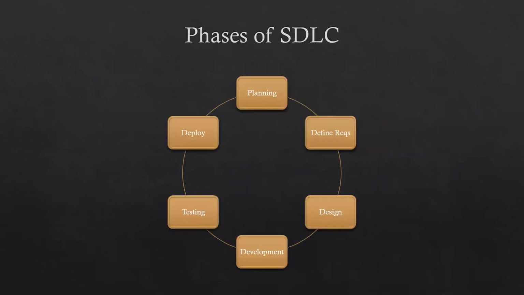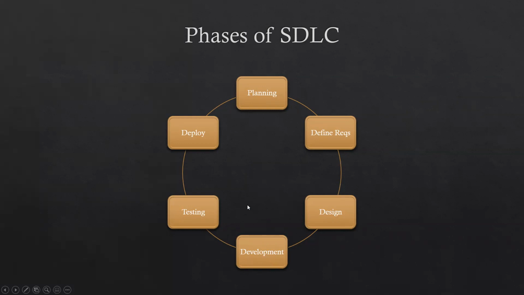There are certain phases of this SDLC. As you can see here, first it starts with the planning, and we have defining the requirements, then it moves to the designing phase, and only then the development work will be started by the software engineers.